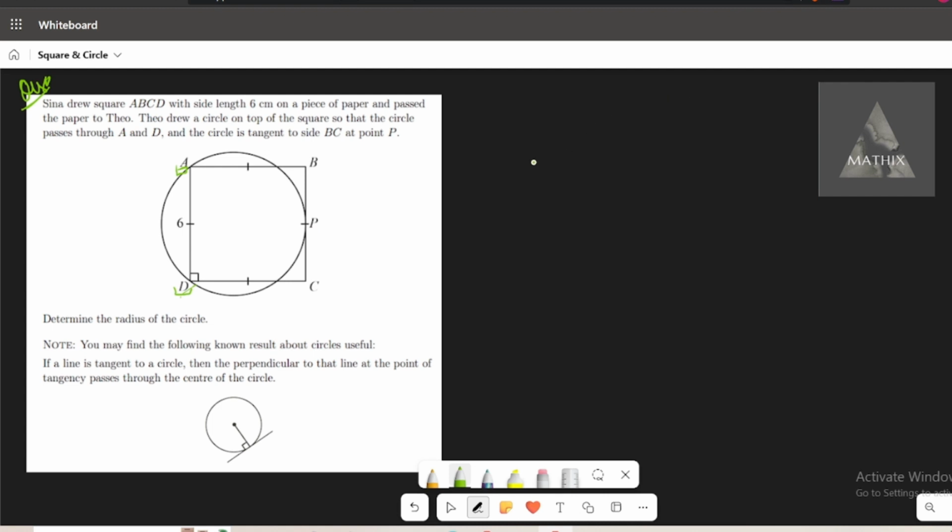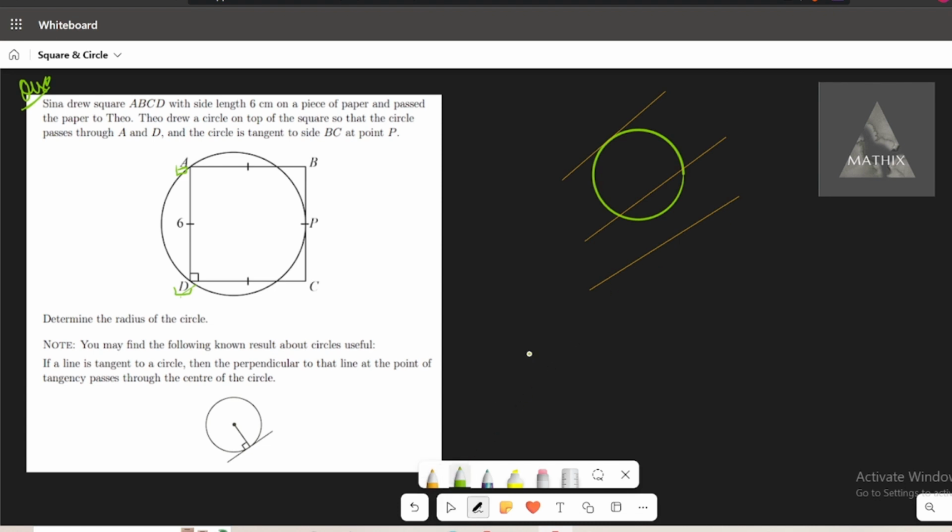So first of all, what is a tangent? If you do not know, let me draw it. Say this is our circle. I am drawing these lines.